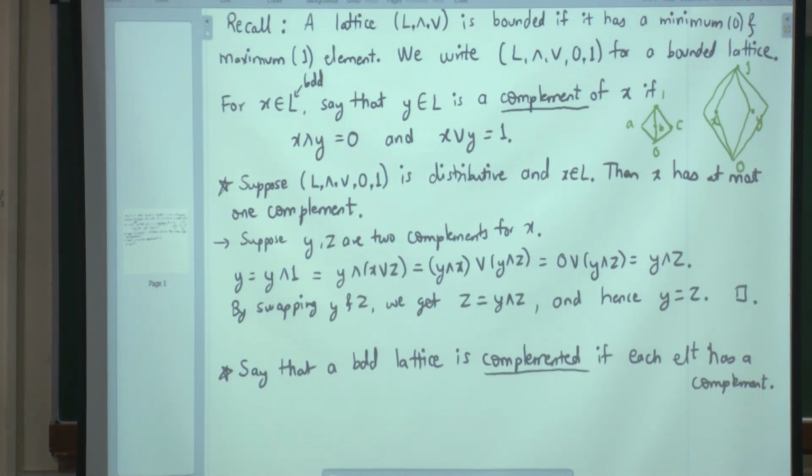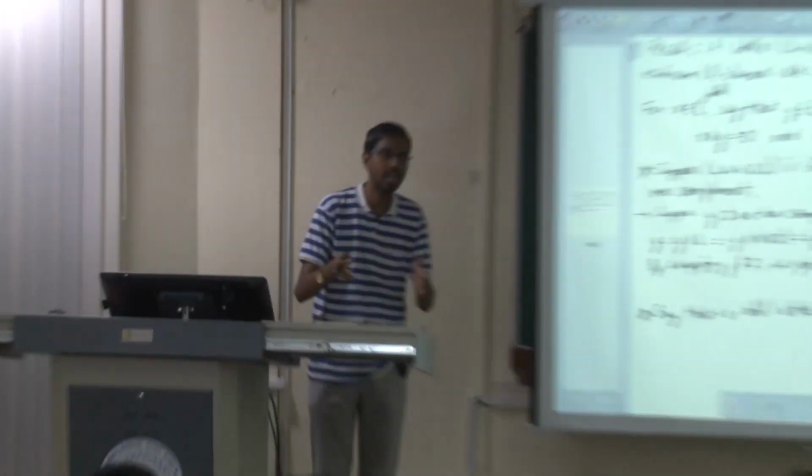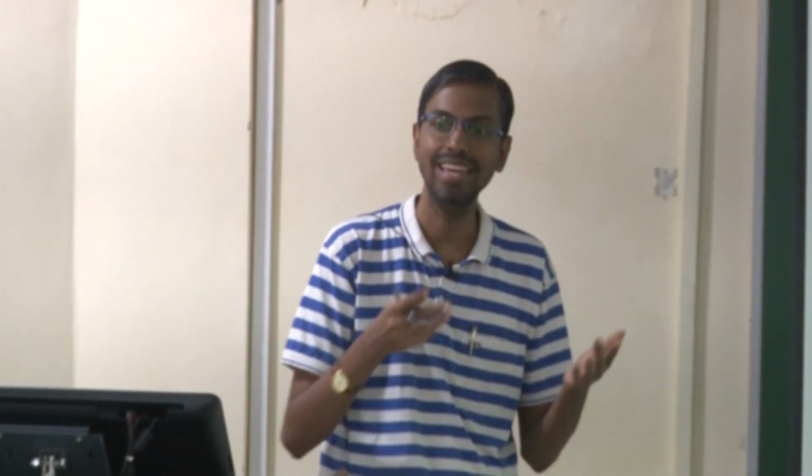This is a very strong condition. In particular, if we assume that our bounded lattice happens to be distributive, then a distributive bounded complemented lattice is a Boolean algebra.